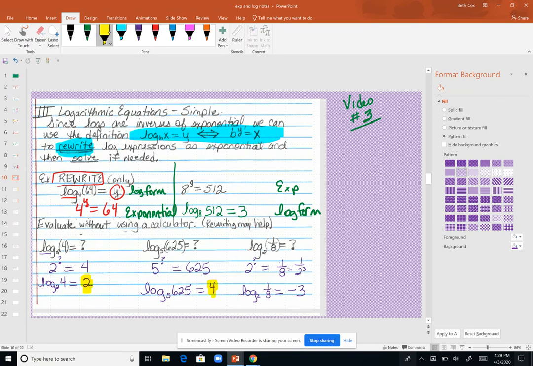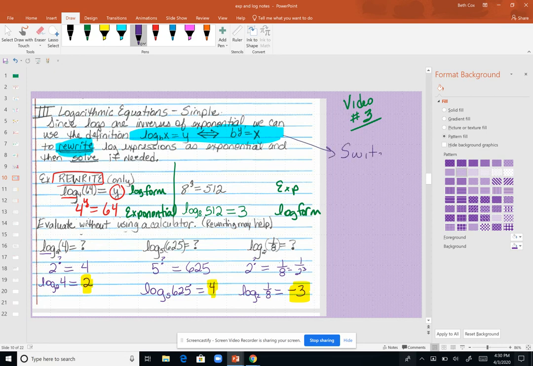This feels really weird, and I know it feels really weird, but you can do this. You need your power sheet to kind of help you think this through. But there's two things going on here: exponential form and logarithmic form, that we just kind of switch back and forth.